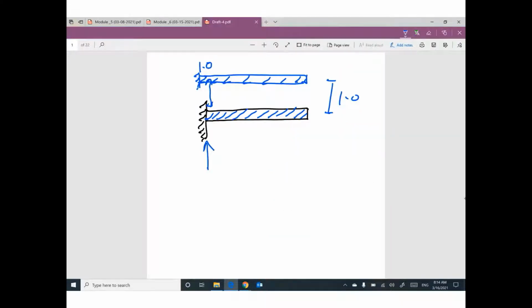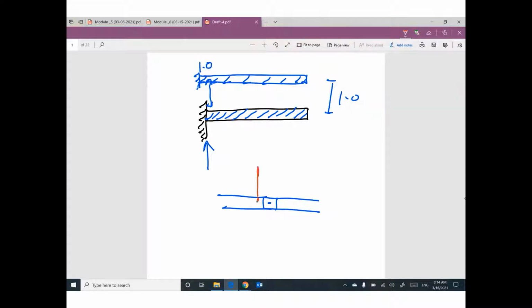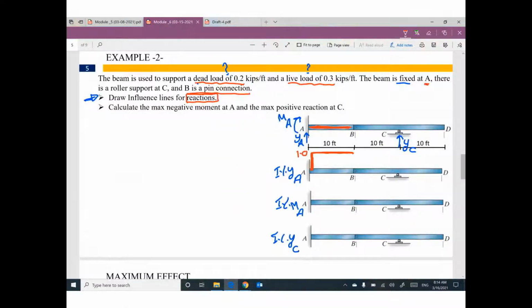If you have a pin connection like this one, and this side moved up, the other side must move up by the same level. I forgot something: if you push support A up by 1, any other support will remain without movement. So C will remain as it is.